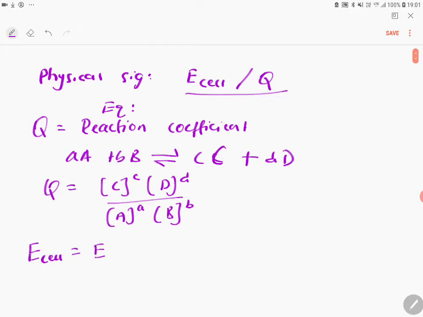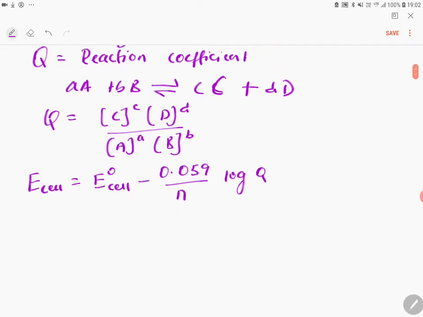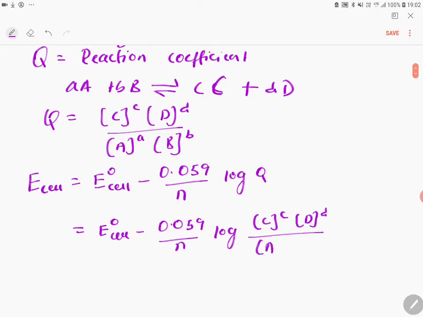E cell is equal to E naught cell minus 0.059 by n log Q, that is equal to E naught cell minus 0.059 by n log C power c into D power d divided by A power a into B power b. Great.